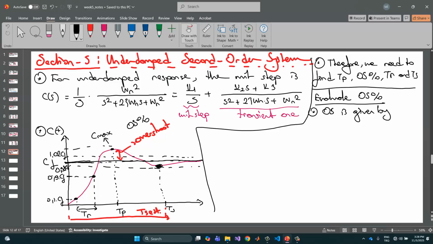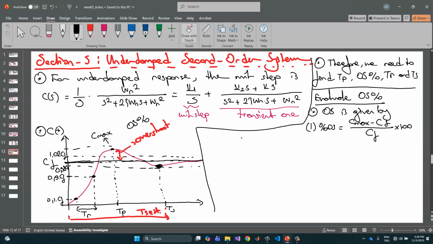This point is C max, this point is CF, and so help me to write the formula. The percentage overshoot is equal to what? Yes, C max minus CF divided by CF times 100, right? This is the overshoot. Okay?